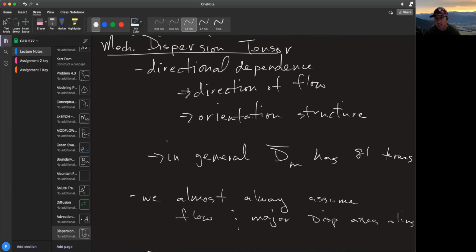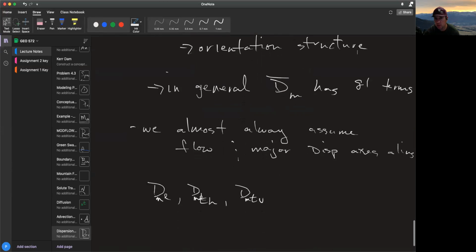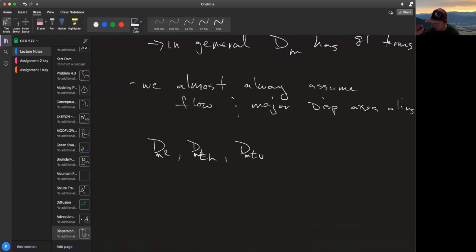If we say that the direction of flow is oriented along the main geologic structures, and so along the main axes of the dispersion tensor, that we can simplify it to three terms. Okay.